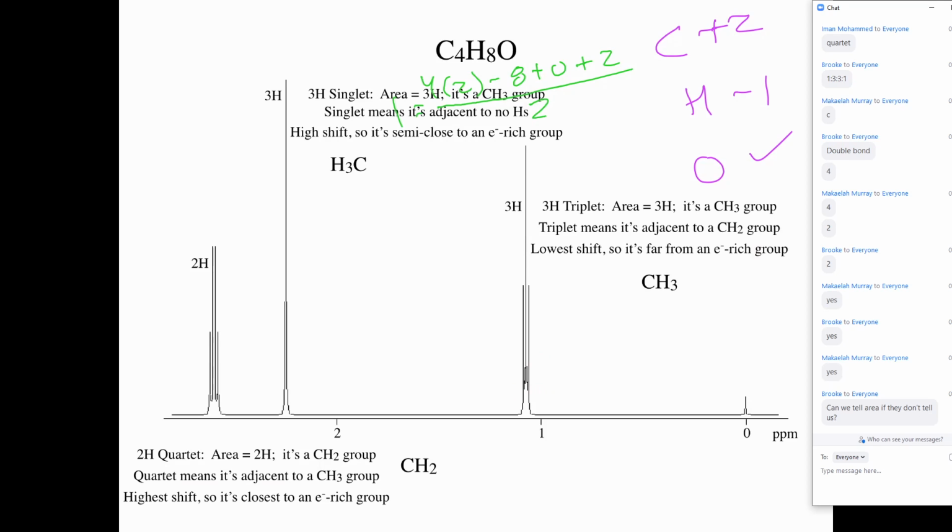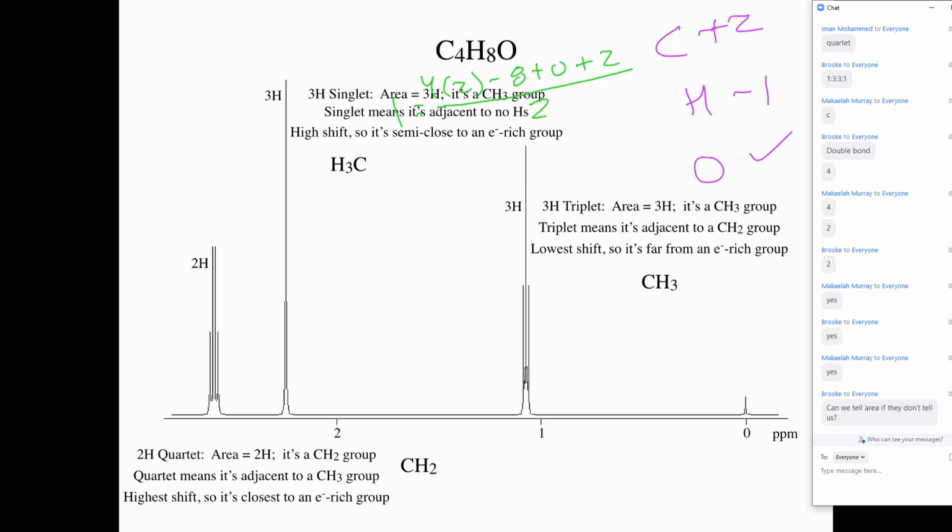If you are really good and you've seen these over the years, yes. But I have yet to meet anybody, even PhDs that have done this their whole life, that can look at it. You have to get it integrated. So the machine spits out the data of what area is as it goes across. So they have to spit it out to you. If they don't, then it's an educated guess.